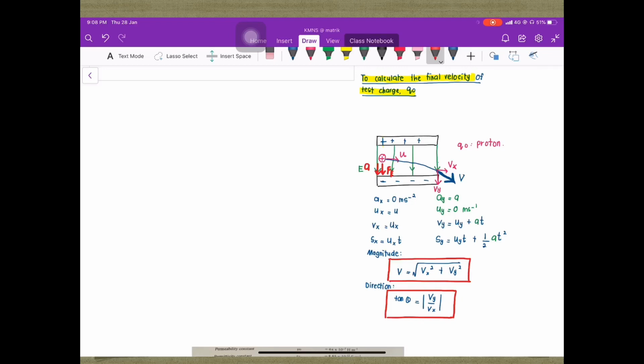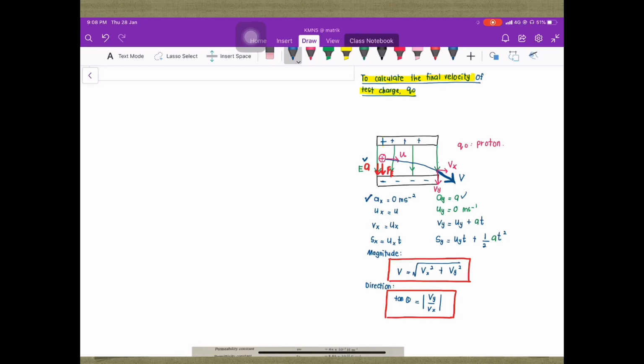Now, we can categorize the values in terms of the x component and y component. Initially, the acceleration at x is 0. Why 0? Look at this, the acceleration is actually directed downwards, meaning along the y axis.